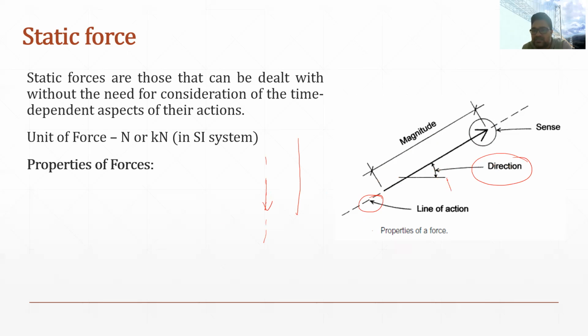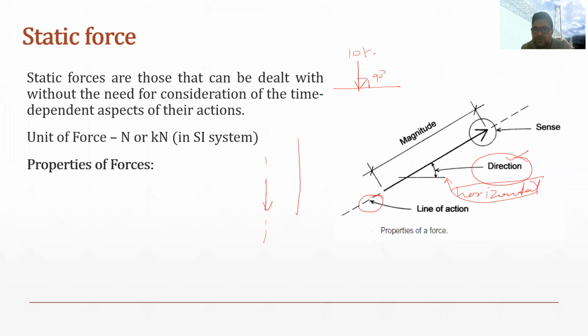Say in this case, just for example, I'm considering that this is the horizontal line. So how much angle this force makes from this horizontal line, that angle is expressed as the direction, or it is known as the direction of the force. If there is a vertical downward force on this horizontal member, then we say that the direction of the force is 90°.